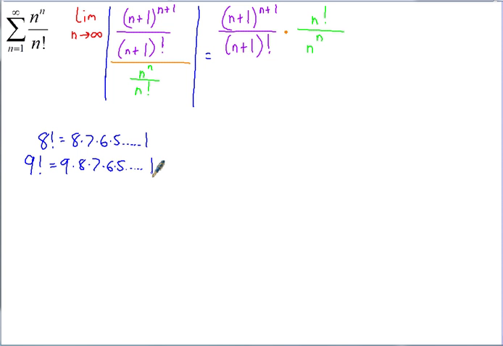So you can see when these are divided by each other, 8 through 1 would reduce out to just be 1, and all you'd be left with is that other number, which in this case is n plus 1. So all that would be left would be just n plus 1.